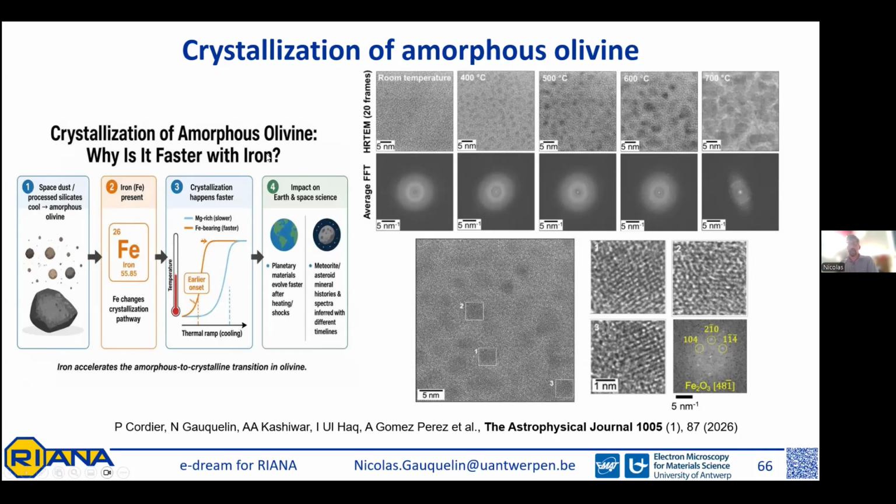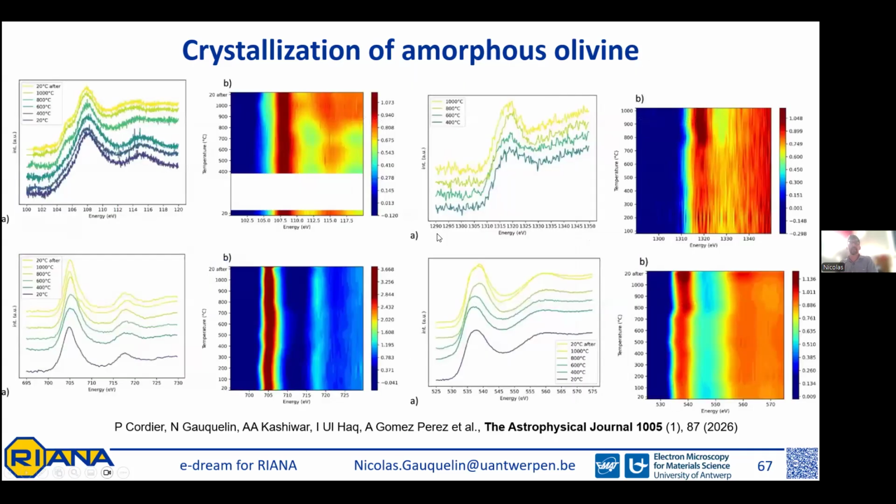containing iron. And what we did is that we did EELS on those, and we could look at the silicon L edge and the magnesium K edge, by looking very carefully into the fine structure evolution as a function of temperature. We could see that from 400 to 700 degrees, we have actually an oxidation of the iron.